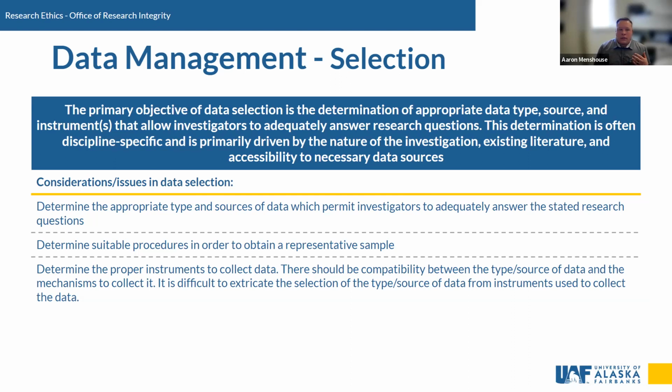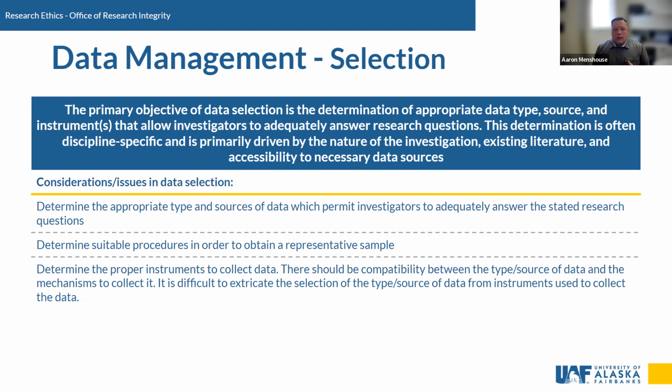And then the next piece being, how are we going to collect the most representative sample during the course of our data selection? Because we want to incorporate an element of randomness and eliminate any potential bias in the samples that we collect.